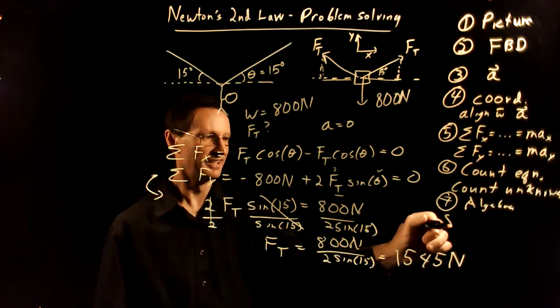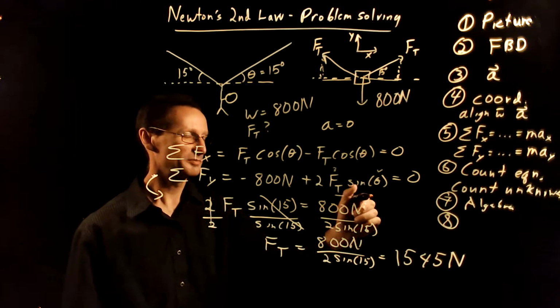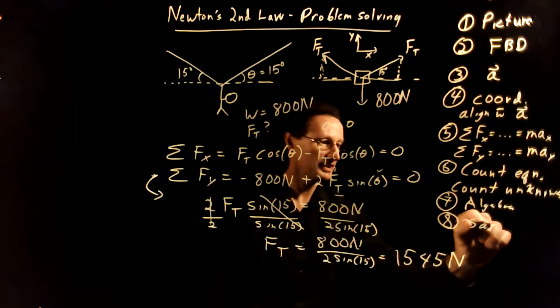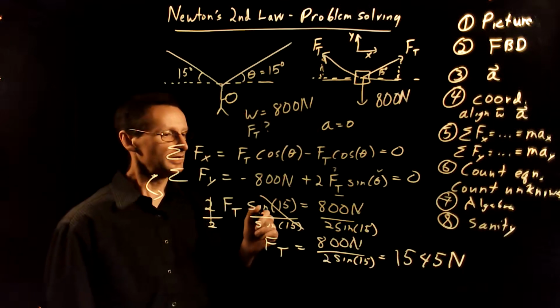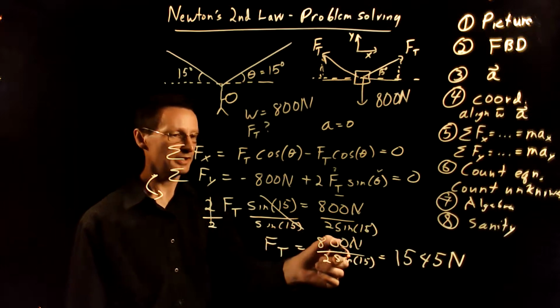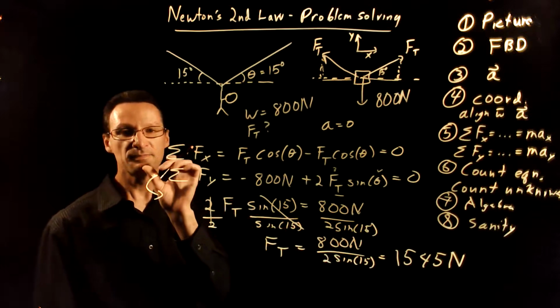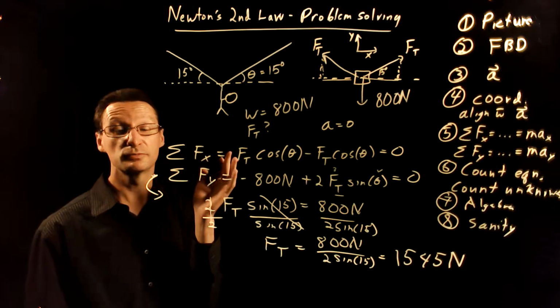Okay, well, does that surprise you? The last step of our procedure here is a sanity check. Does this make sense? That seems really huge. But if you think about it, sine of 15 degrees is a small angle, and sine of a small angle is really small.